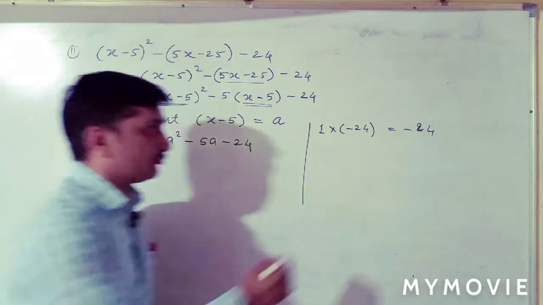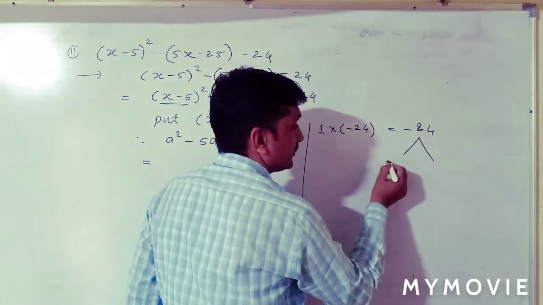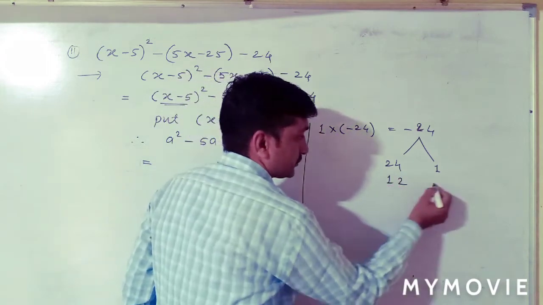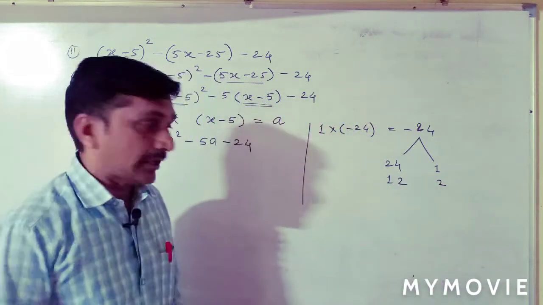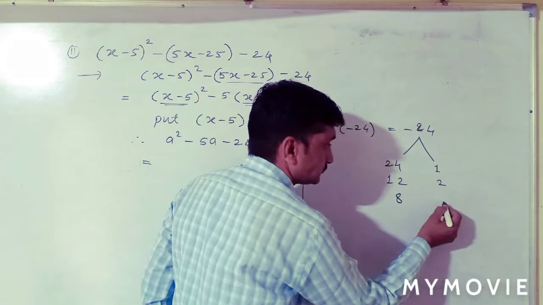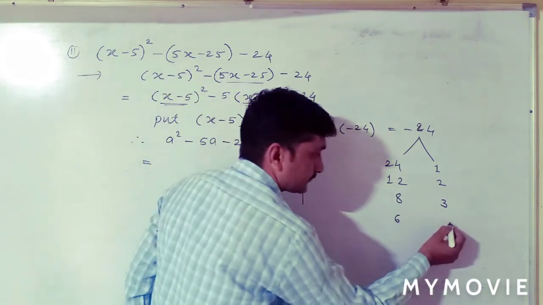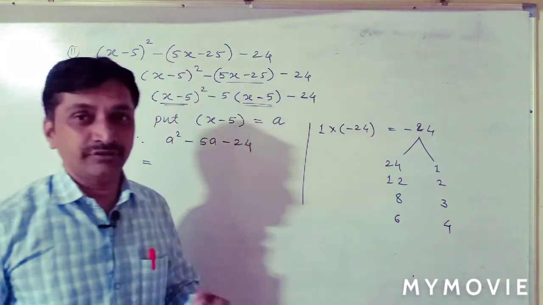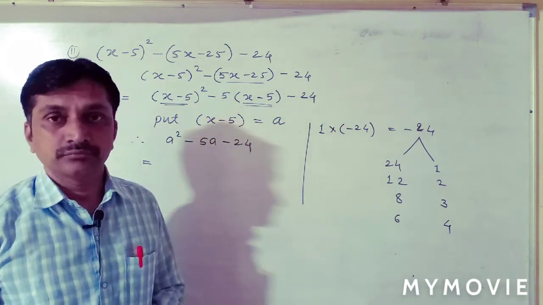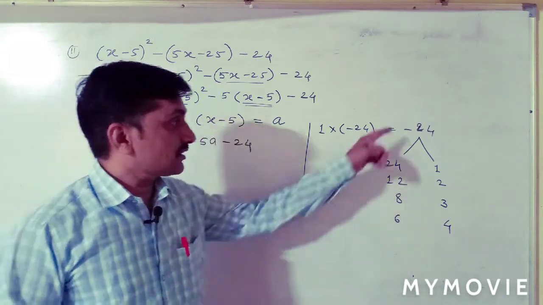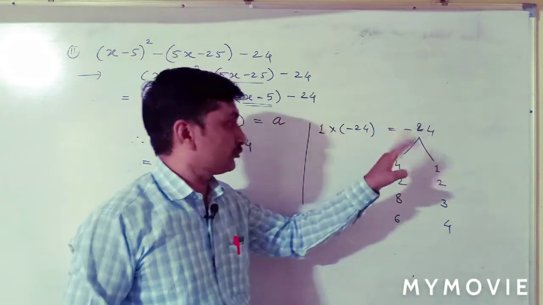Now factors of 24. 24 ones are, 12 twos are, 8 threes are, 6 fours are. Because we can write the correct pair if we know it, but if we don't know, we have to find it like this. These are all factors of 24.